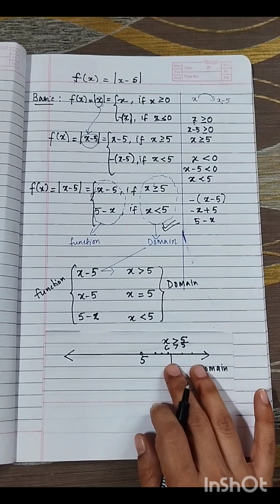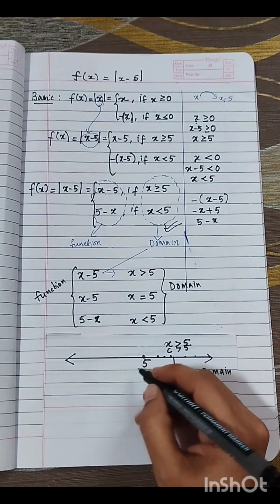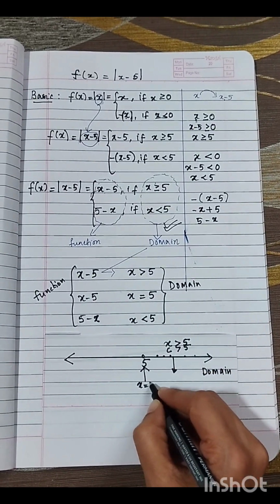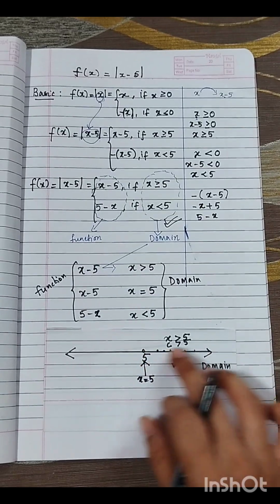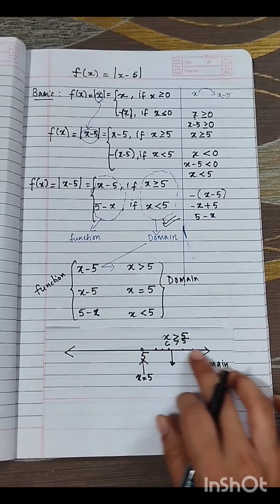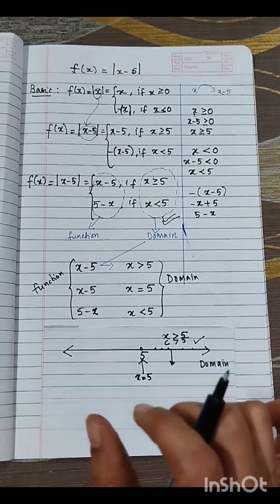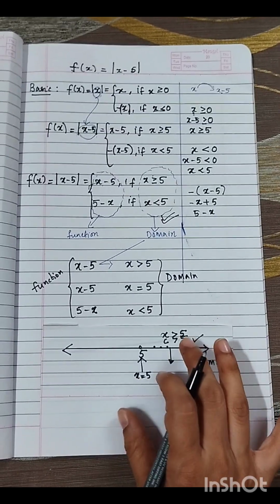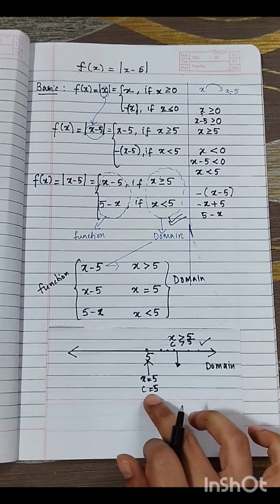Now the second domain, x is equal to 5. This is just a point, x equal to 5. In the first domain there are many numbers, right? You don't know which number to consider. All the numbers greater than 5 will be considered there. But in the second domain, it is an exact value. It clearly indicates that the value of x is 5. So here we will take c is equal to 5.